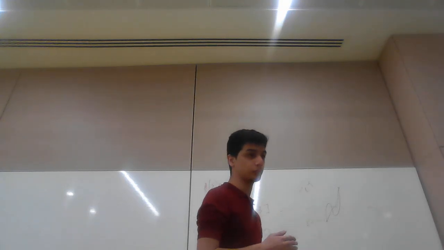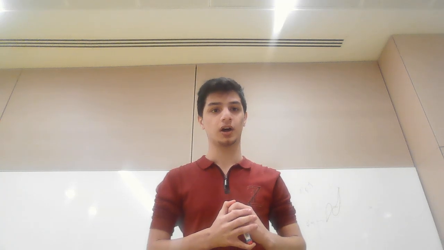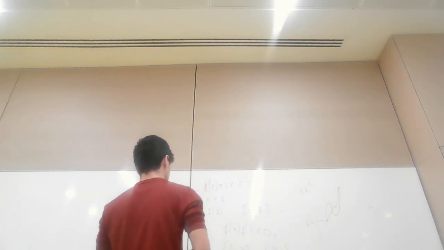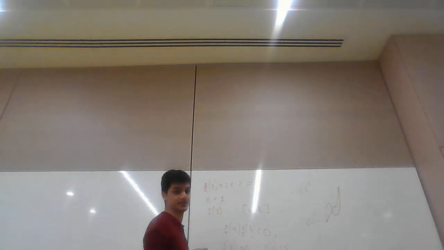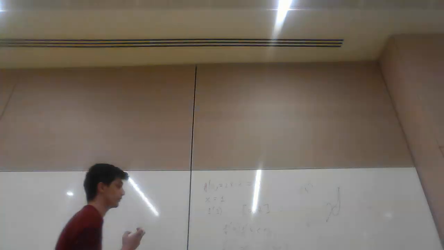But there are important notions that we have to know about this theorem. First, without continuity of the function, we can't tell whether it has a zero or not. The continuity of the function is actually very, very important.